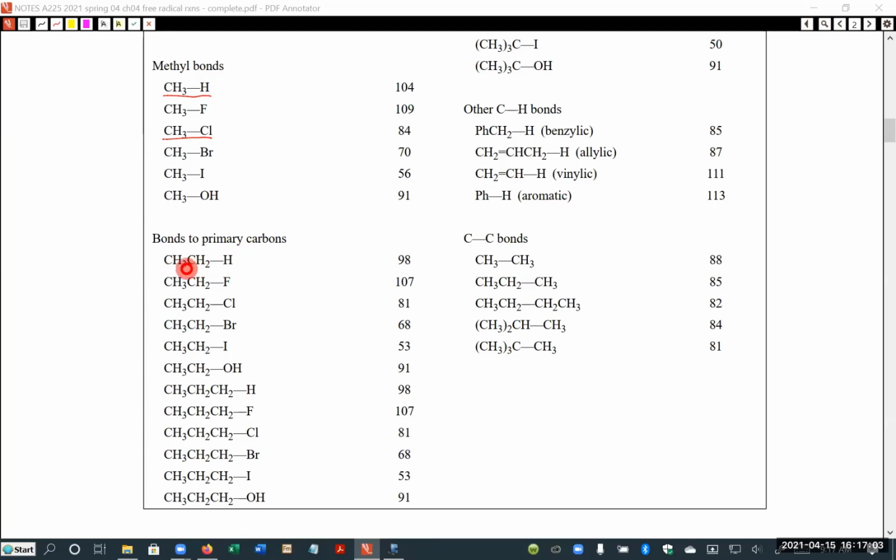This would be the ethane carbon to hydrogen bond. Right next to it, here is methyl group to methyl group with a dash in between them. This would be the carbon to carbon bond. You can see that the numbers are different. It's very important that you know which bond you are breaking and which bond that is on the table so that you can get the correct number.